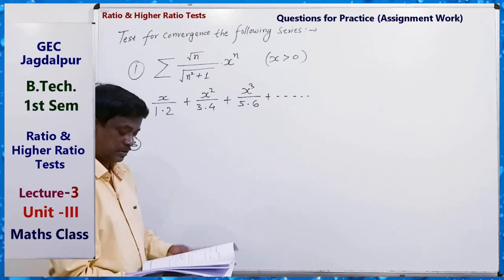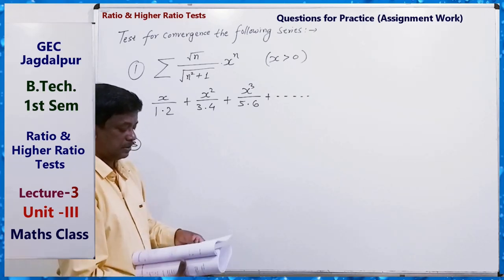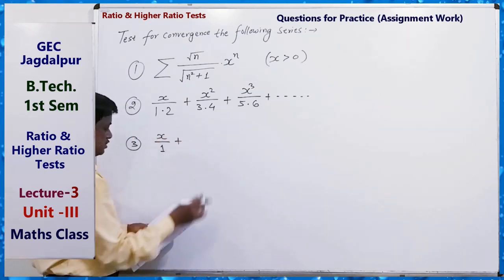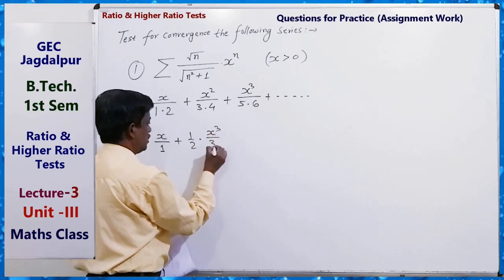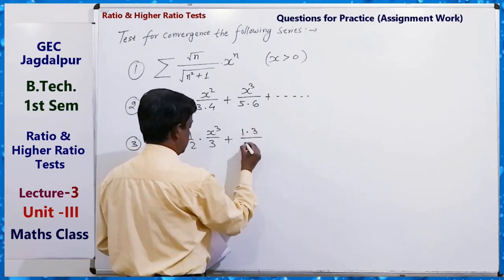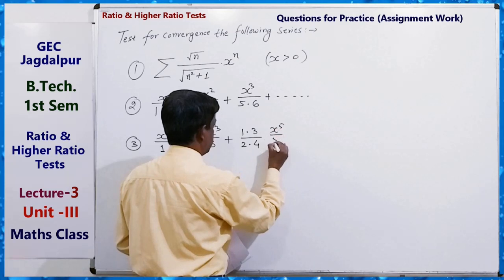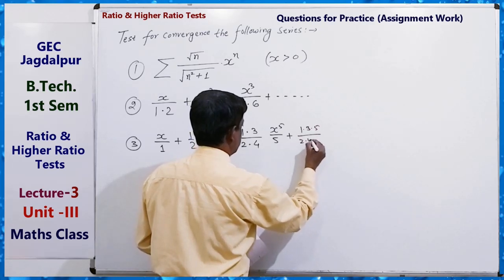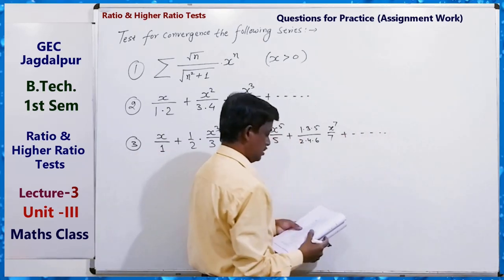Third question: x by 1 plus 1 by 2 x cube by 3, plus 1 into 3 upon 2 into 4 x power 5 by 5, plus 1 into 3 into 5 upon 2 into 4 into 6 x power 7 by 7, and so on, where x is greater than 0.